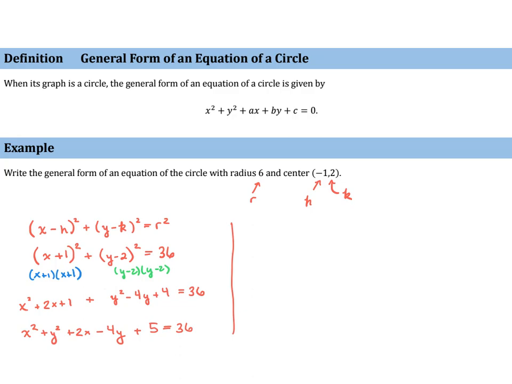So now we just need to move the 36 over so that one side is equal to 0. So x squared plus y squared plus 2x minus 4y minus 31.